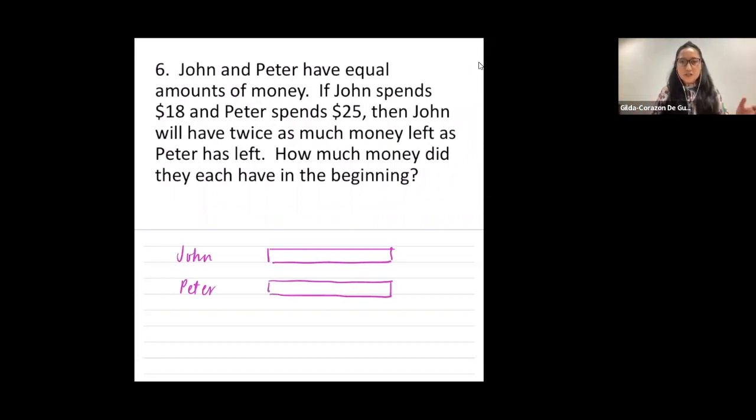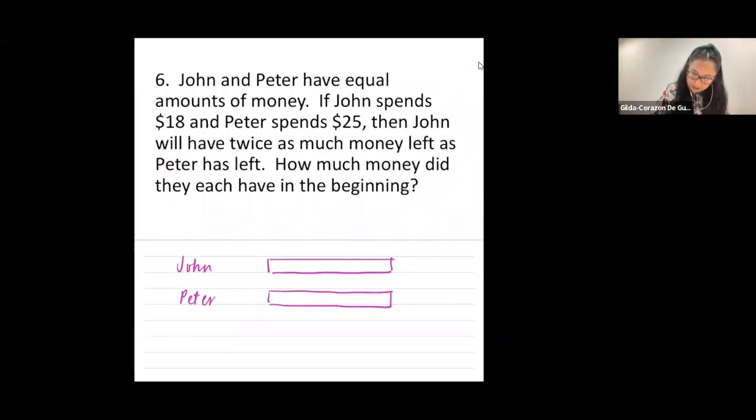So now John spends $18. So we don't know how long that would be, but we could probably just assume, let's say, this one's $18 from here to there. And he's spent that, so he doesn't have that money anymore, right?